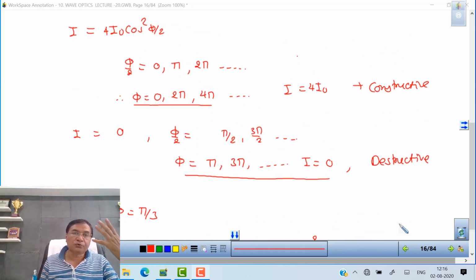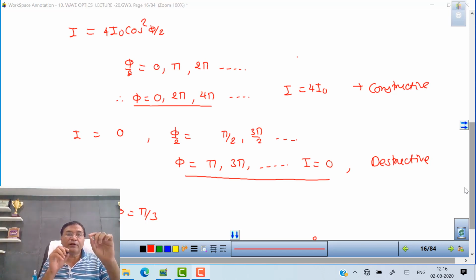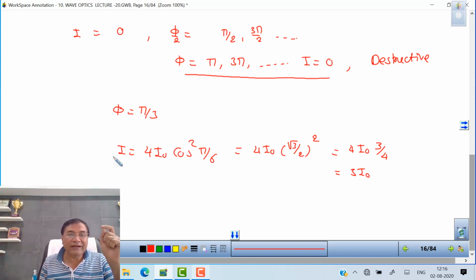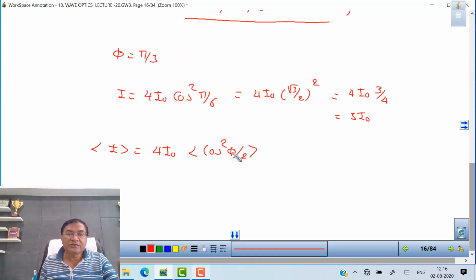If these sources are not coherent, then what will happen? At a given point, the phase is continuously changing, so you cannot write this, but I have to write average I is equal to 4I0 times average of cos square phi by 2. If phase is continuously changing, the average value of cos square is half.